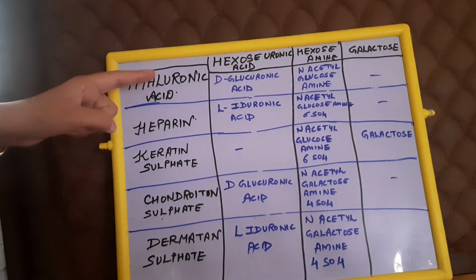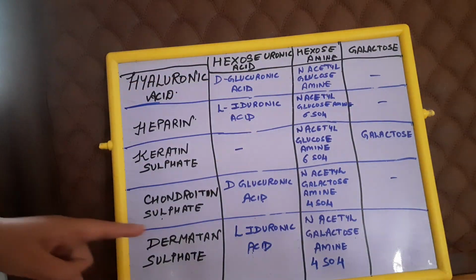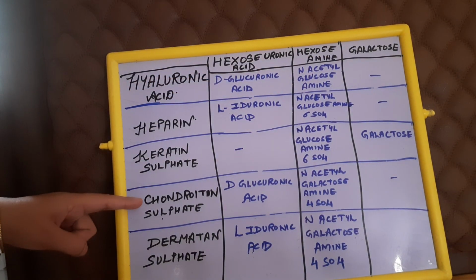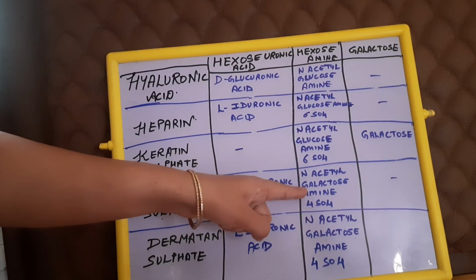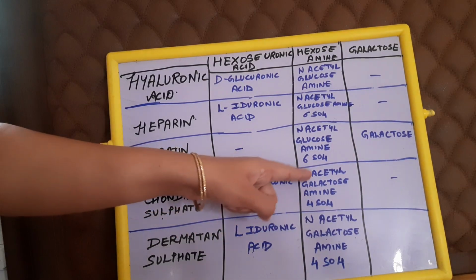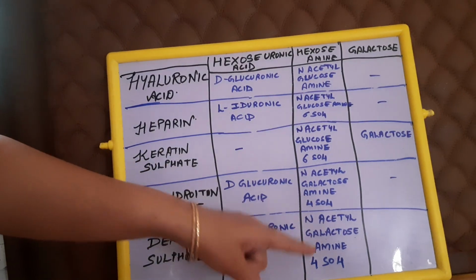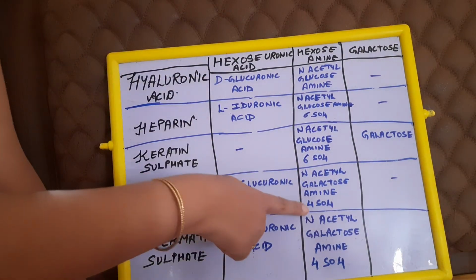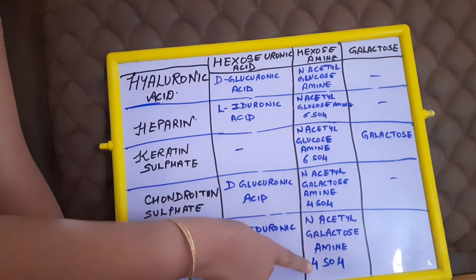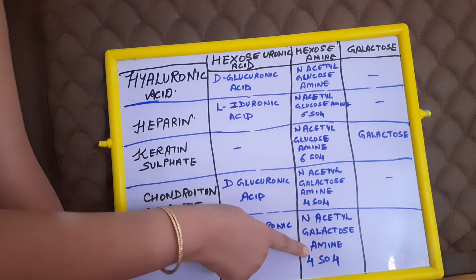In hyaluronic acid, heparin and keratan sulfate they have glucose, but from chondroitin, from C and D, when they are arranged alphabetically, there is galactose as a monomeric unit: N-acetyl galactosamine 4 sulfate. The 4 sulfate is easy to remember because galactose is the fourth epimer of glucose, so we can definitely remember it as 4.